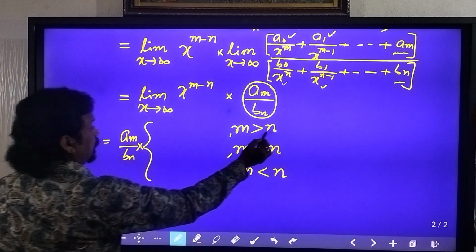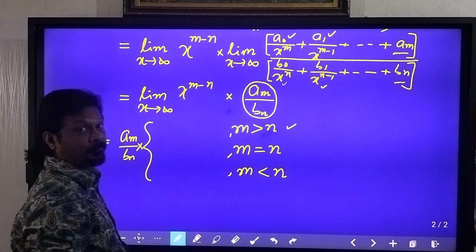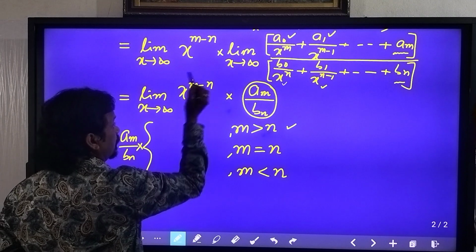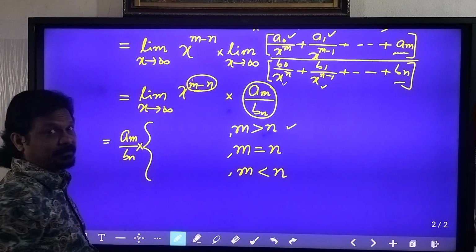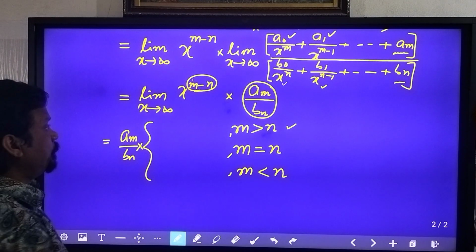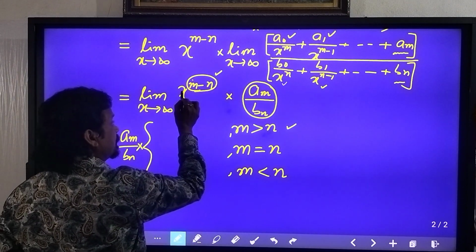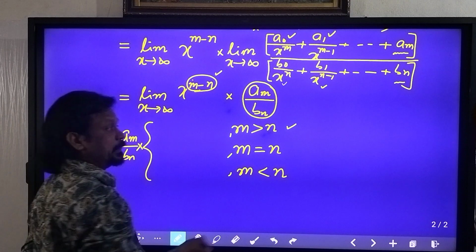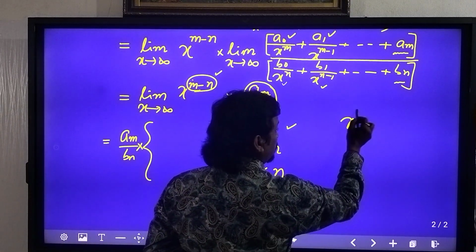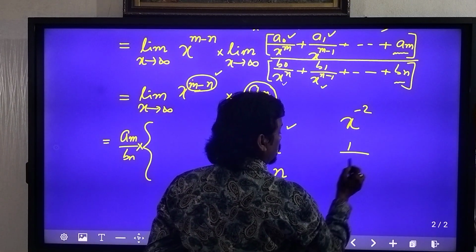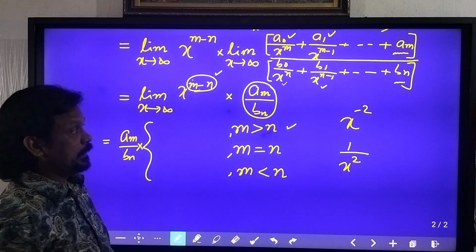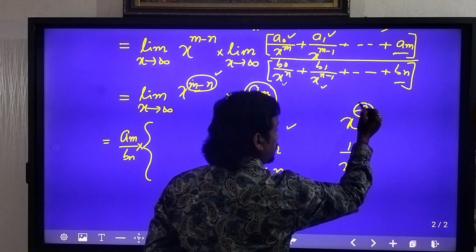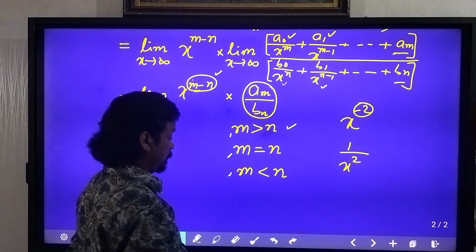See here, if m is greater than n, that means m minus n will be positive. And if m minus n is positive, that means x will remain in the numerator. If x to the power minus 2, it will become 1 by x square, that means x will come to the denominator. And if the power is positive, then x will remain in the numerator.